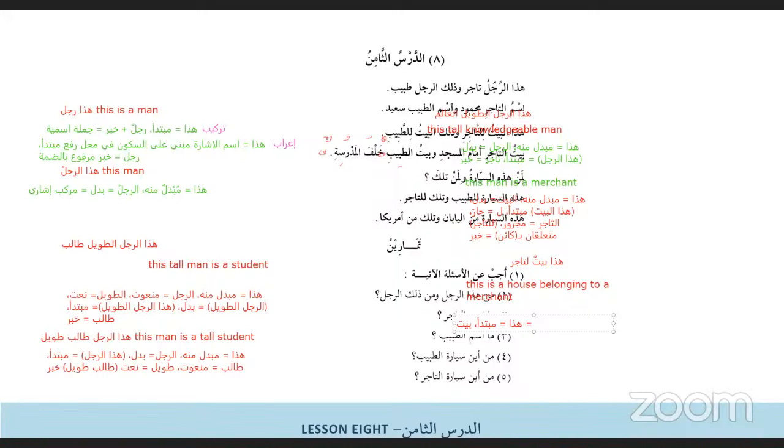Okay, that's why I gave this example. Baytun is actually man'ut. And that leaves us with litajirin. I'm just going to put it as a prepositional phrase so we know it's jar majrur. Litajirin equals muta'alliqan.